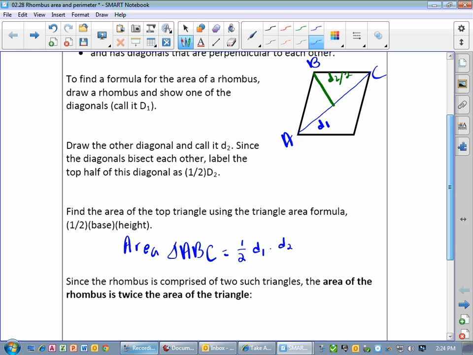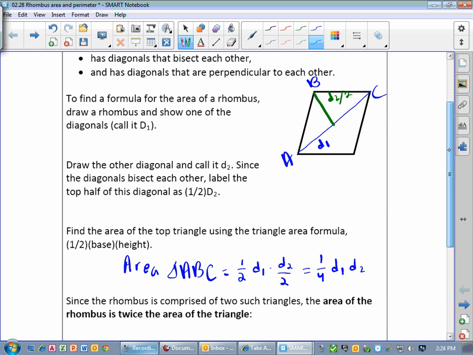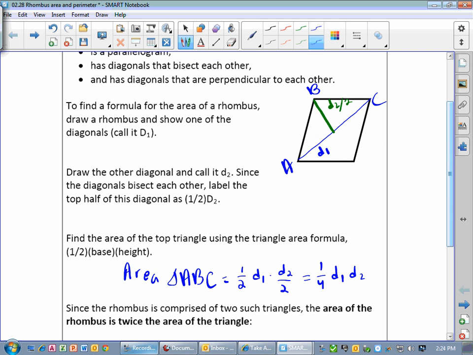So diagonal 2 over 2. Now, because multiplication is commutative, we can multiply this half by this half and get 1/4. And we have D1 times D2. How come you did D2 over 2? Because to make this triangle, I want half of diagonal 2, not the whole thing.